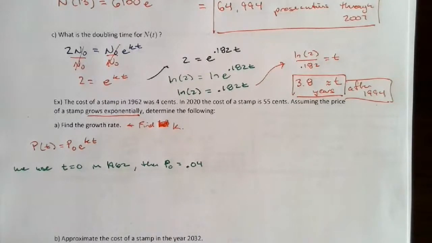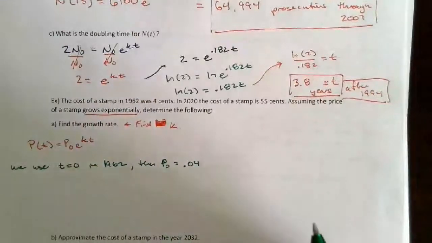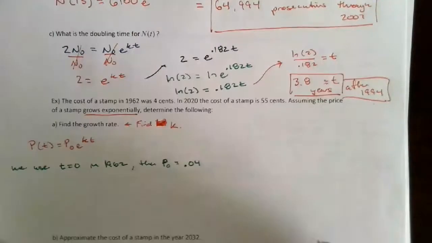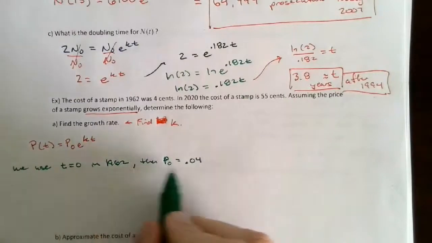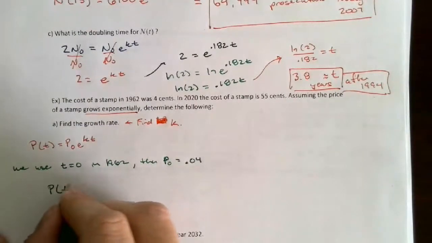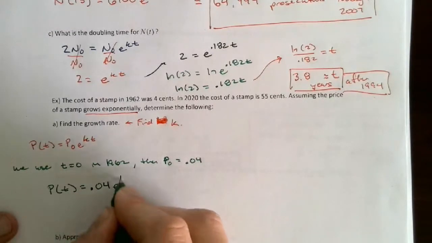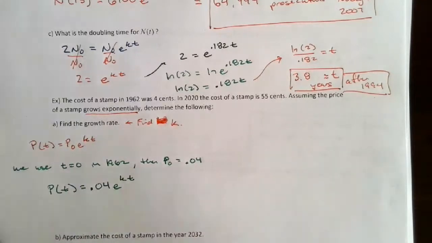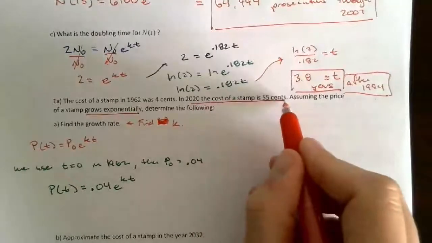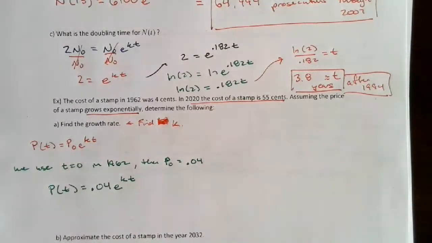Then we say in 2020, the cost of a stamp is 55 cents. That's a point that we know, and we're going to use it to help us find k. So here's our general formula: we use t equals 0 in 1962, then P0 equals 0.04, so P of t equals 0.04 e to the kt. By telling us that in 2020 the cost of a stamp is 55 cents, they're giving us another point that we can use to solve for k.